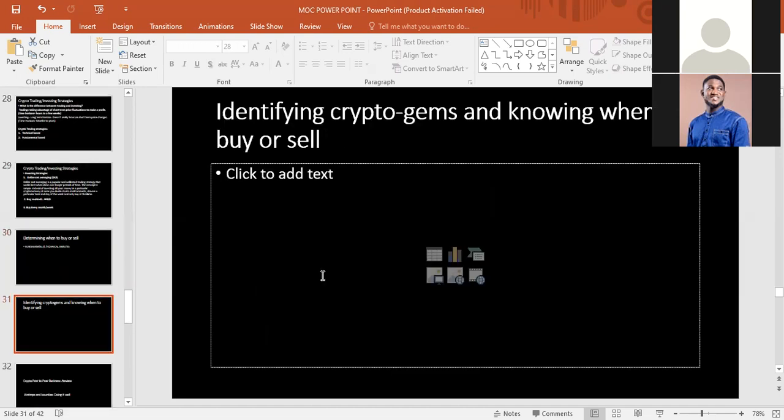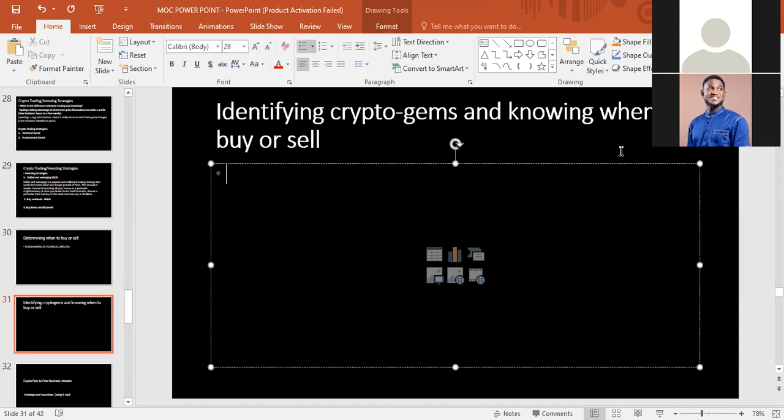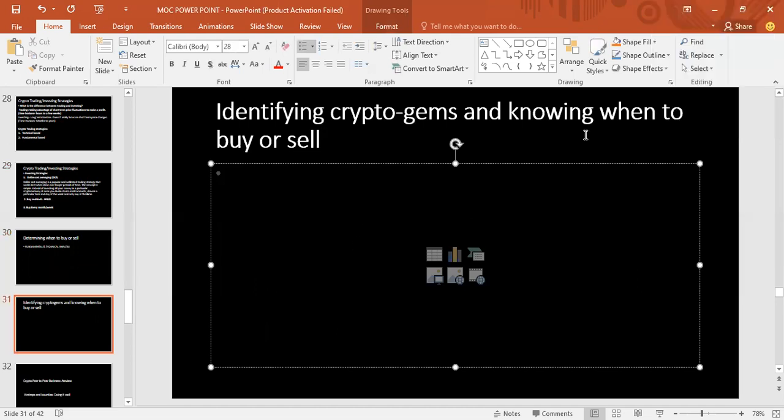Then our main core focus for today, after looking at decentralized exchanges, will be on identifying crypto gems and knowing when to buy or sell. So I'll share my browser and I'll take you straight to a decentralized exchange website.